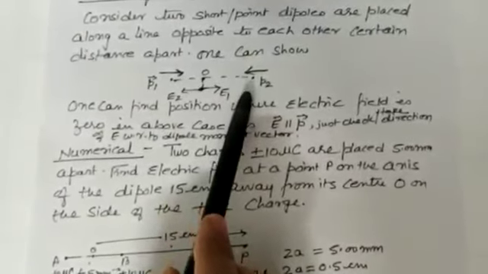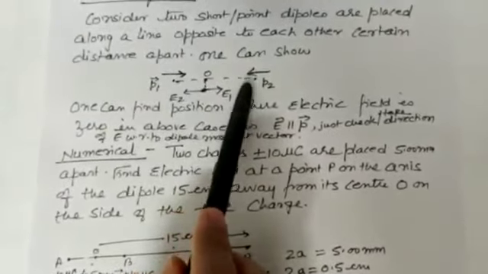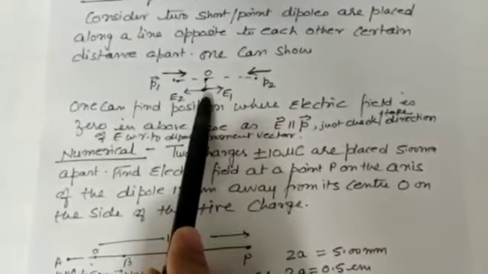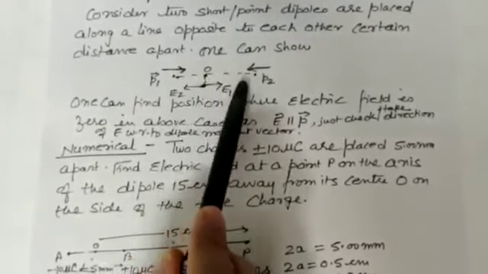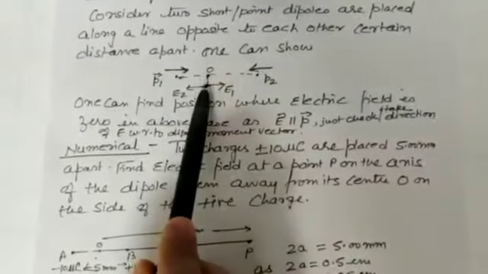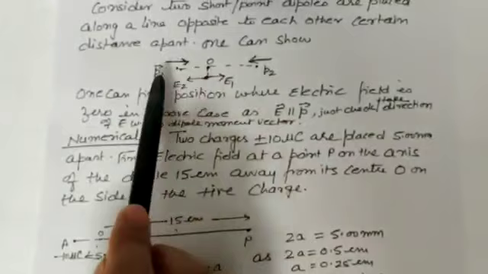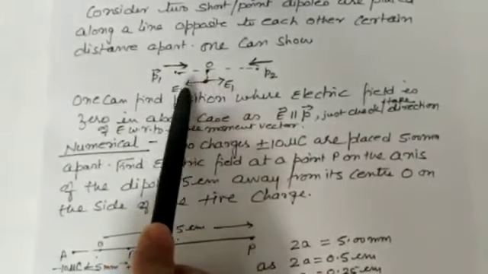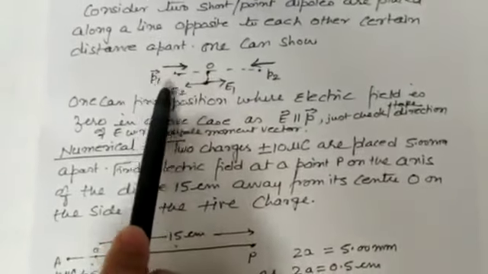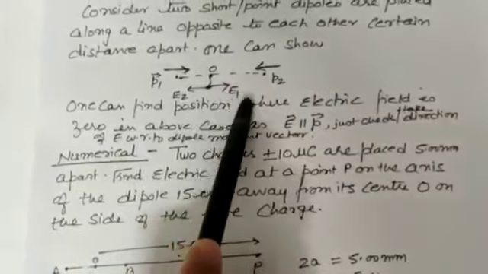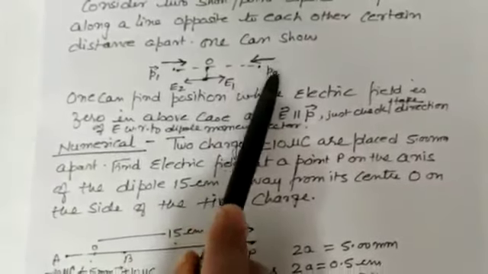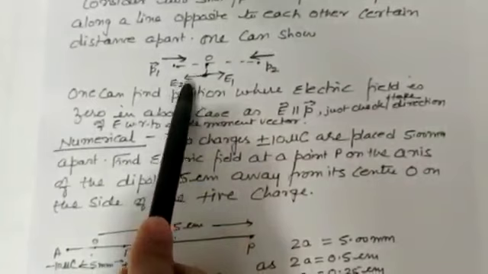One can find out on the line joining p1 and p2 somewhere the field to be 0, because if you look at the picture, the field due to p1 at O is along E1 and the field due to p2 is along E2.